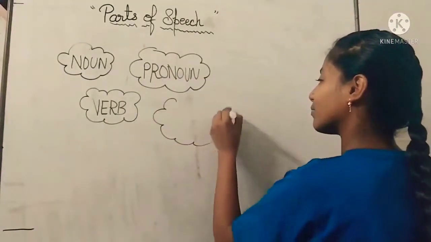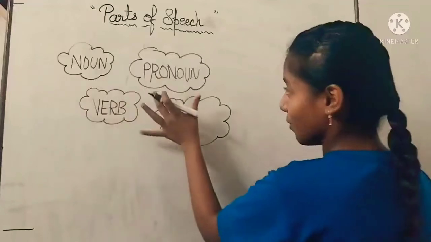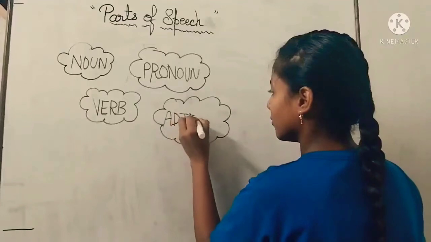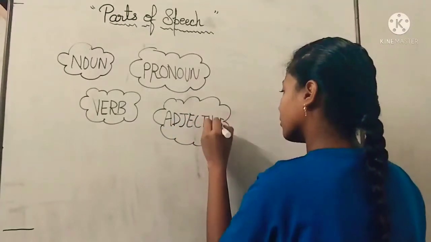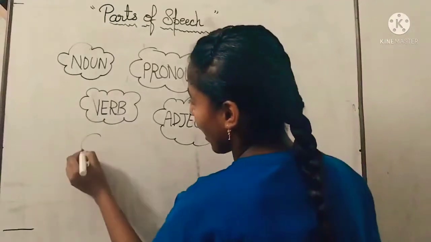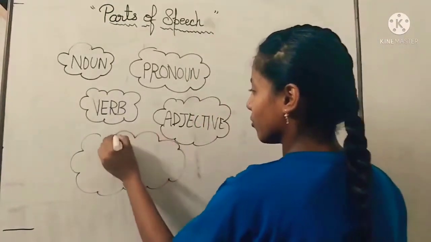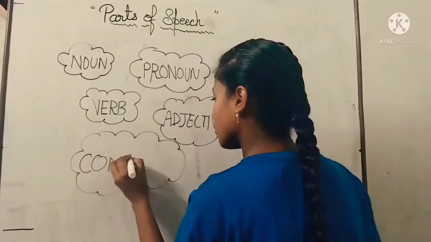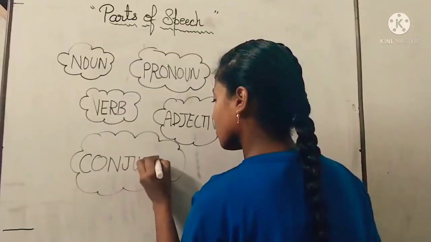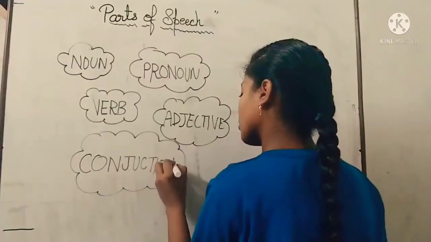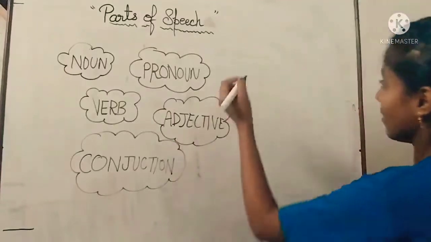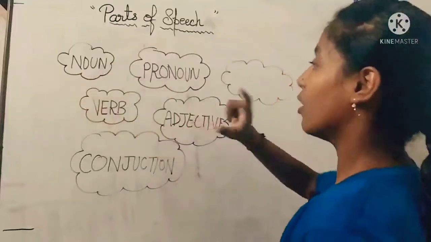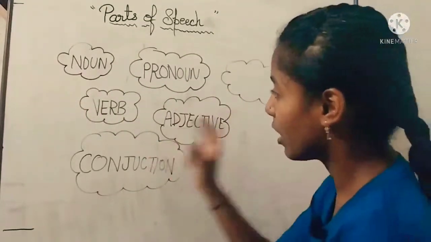We have noun, pronoun, verbs and adjectives. Then what more? That symbol refers to conjunctions. Then see what more we have: noun, pronouns, verb, adjectives, conjunctions.